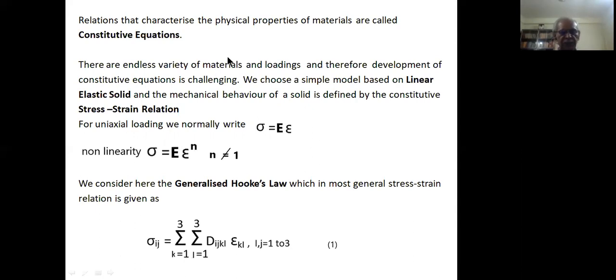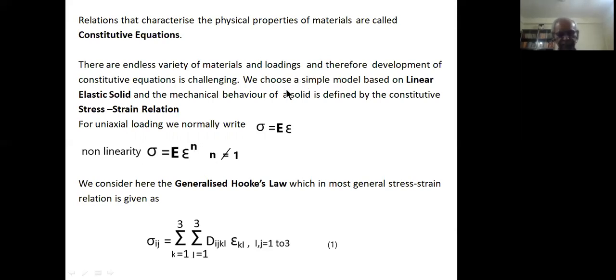Now, if you look at the physical properties of materials, there are enormous physical properties, and there are very different ways they can be loaded. So to choose a constitutive equation is difficult: which physical properties you take and which kind of loading you take.